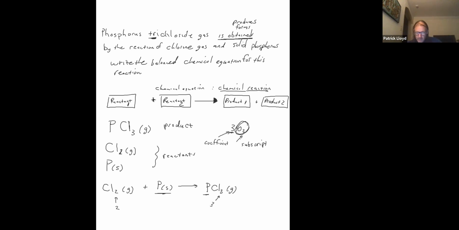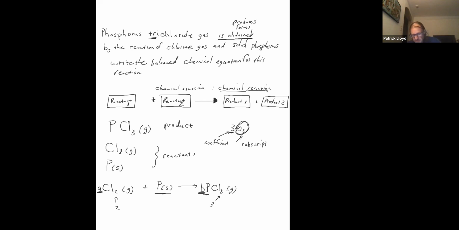So we have a math issue now. Essentially, what we can do is change the coefficients. So I'm going to write an A here and a B here. We're going to change A and B so that when you multiply 2 times A, it's equal to 3 times B, right?